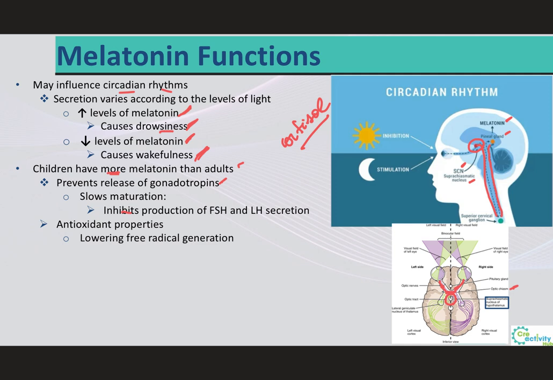In other words, melatonin will be inhibiting the production of hypothalamic releasing factors that stimulate the secretion of follicle stimulating hormone, or FSH, and luteinizing hormone, LH, which will act on the gonads, therefore the testes for males and the ovaries for females. This might also be one of the reasons why adolescents do have a tendency of wanting to sleep longer hours, since there is an increase in melatonin production that causes drowsiness.